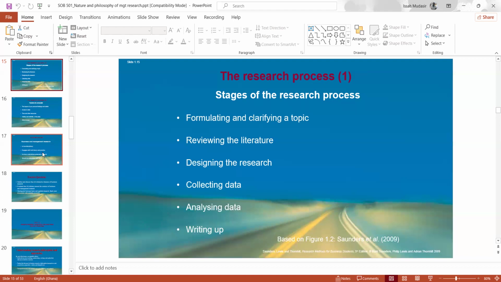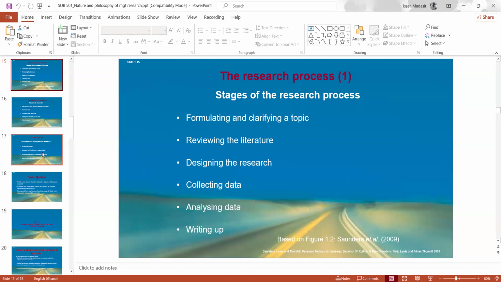At least there will be what we call related literature. Okay, related literature. But they have not done exactly what you have done, but you can draw lessons from what they did. And they can actually provide a guide into what you want to do.